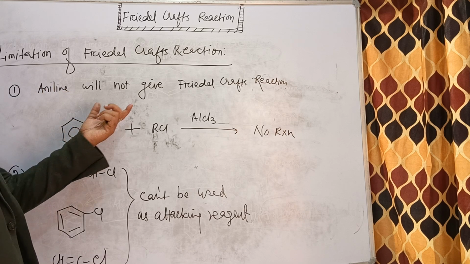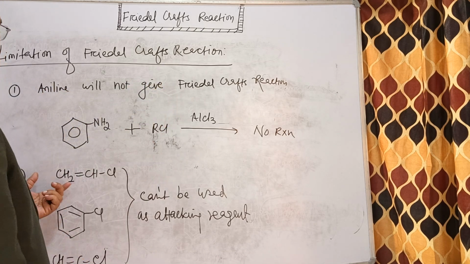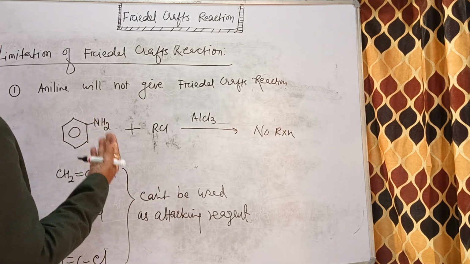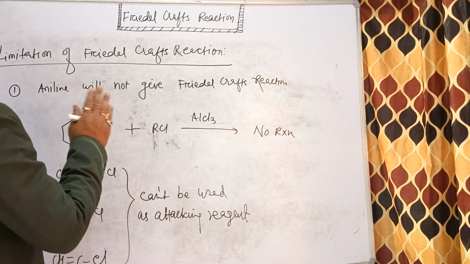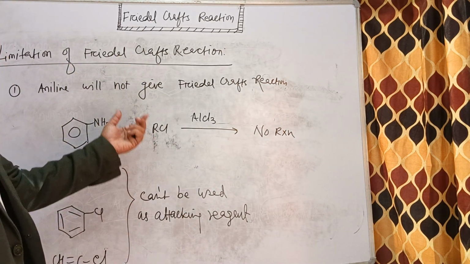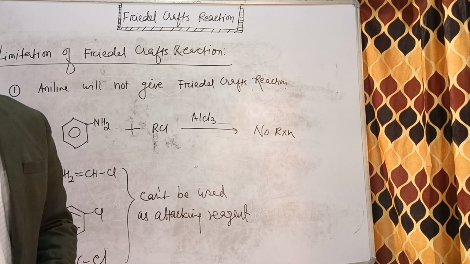Aniline as a substrate cannot be used during the Friedel Crafts reaction, and these attacking reagents cannot be used either. All these are limitations of the Friedel Crafts reaction.